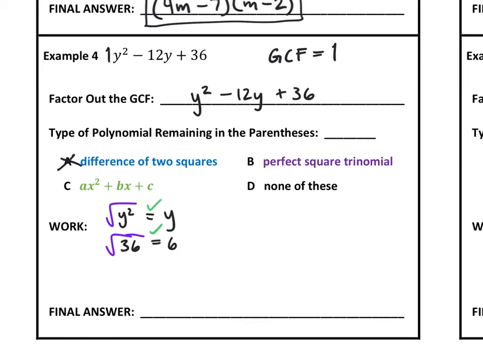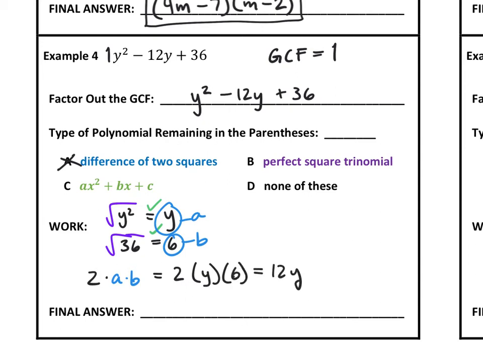And then I've got to check what's 2 times A times B. Remember, this is like my A, this is like my B. So what's 2 times y times 6? That's 12y. Does that match the number in the middle? Yes.